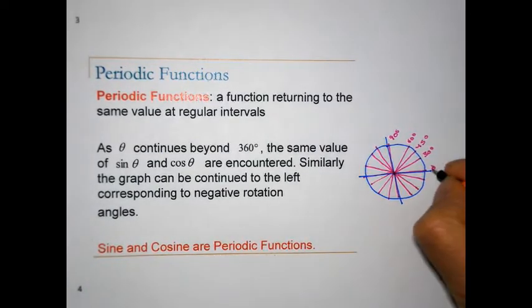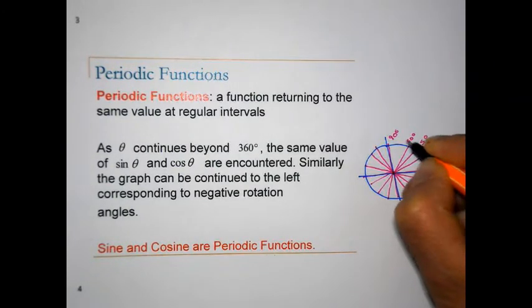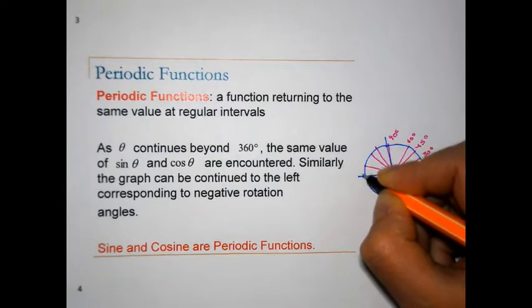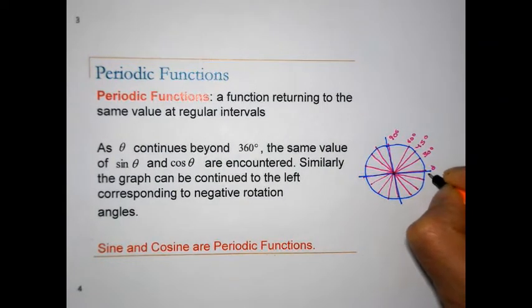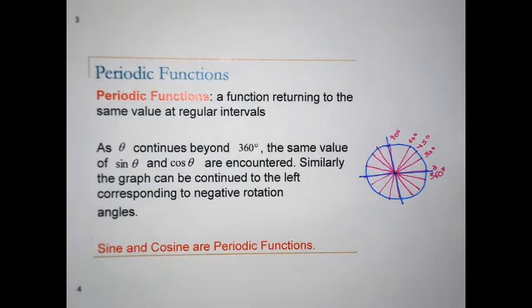We started from 0 degrees and measured the sine of 0, then the sine of 30, sine of 45, sine of 60, sine of 90, and all the way around until we got to 360, and we connected the points and the graph was created.